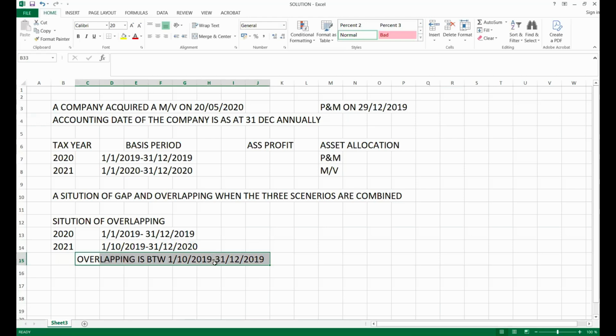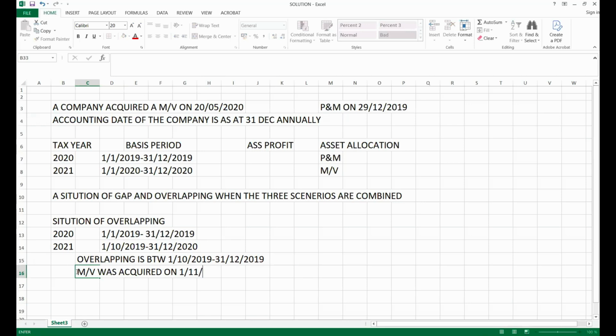See, this 1/10/2019, which is October, November, December, these three months, you can find it in year 2020, and you can also find it in year 2021. This scenario is called overlapping of basis period. So if you now have a scenario like this, if they say a motor vehicle was acquired on 1/7/2019, when do I know to bring this motor vehicle?